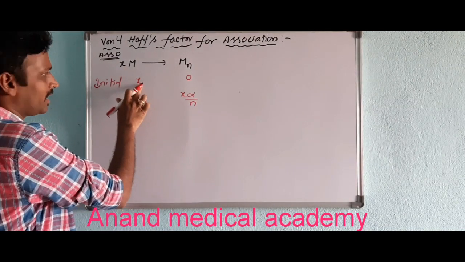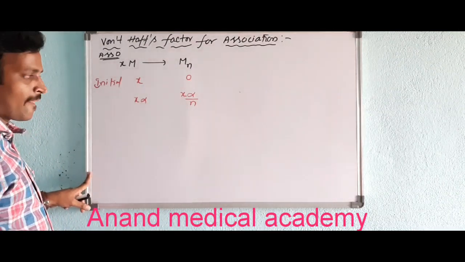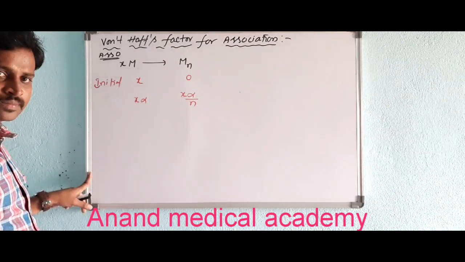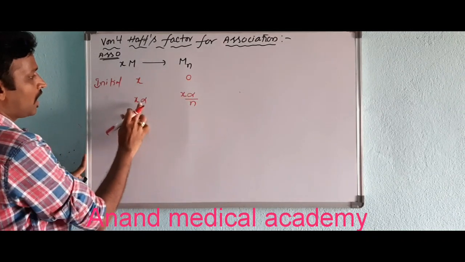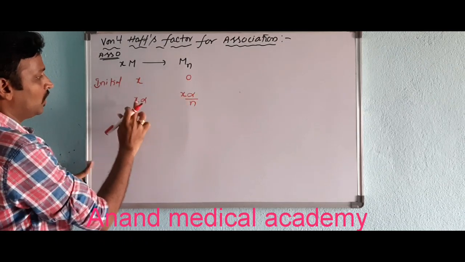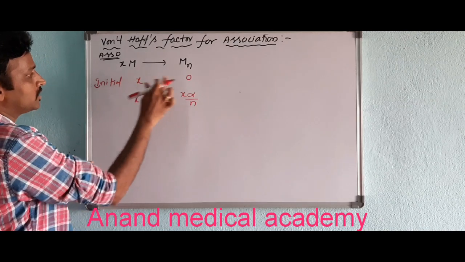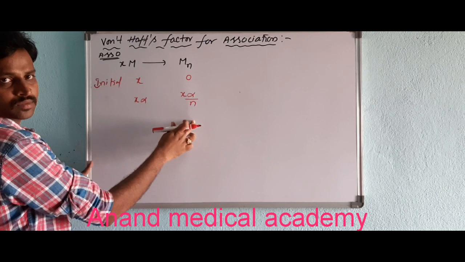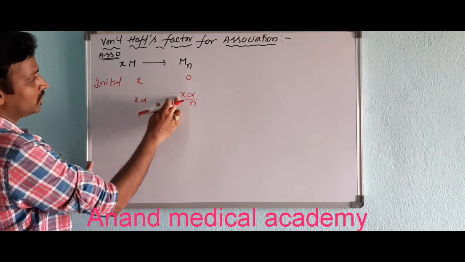In place of that, you can take 1. You take 1 into 0. X alpha is converted to X alpha by n. Got it clearly? If you take 1, 0, alpha by n. If you take 2, 0, 2 alpha by n. It depends. Cancel. But initially if you take 1, X will be 1, here will be 1.